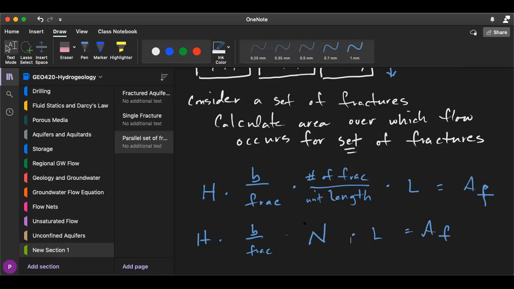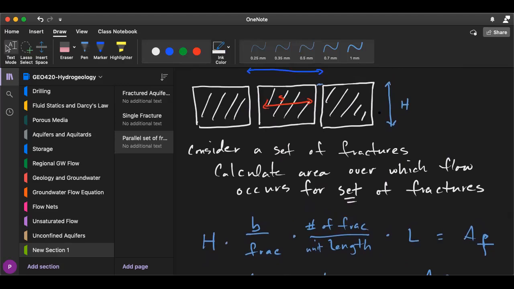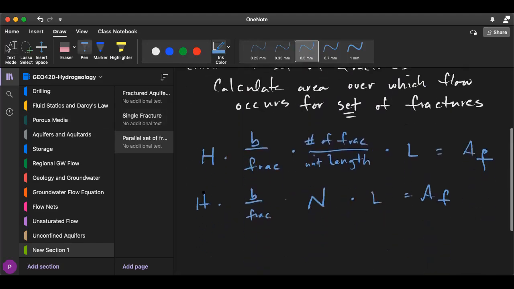Now, what's important here is that H and L are arbitrary. I've just said, okay, consider these general dimensions H and L. Because I've arbitrarily defined them, I'm just going to make them equal to 1, like whatever unit I'm in, 1 meter, for example.